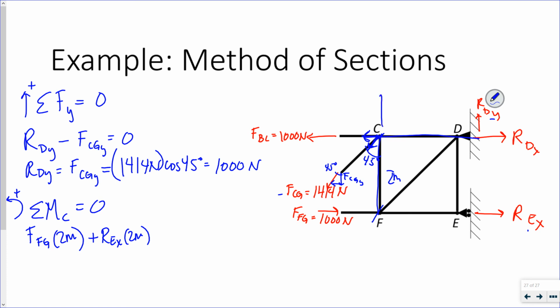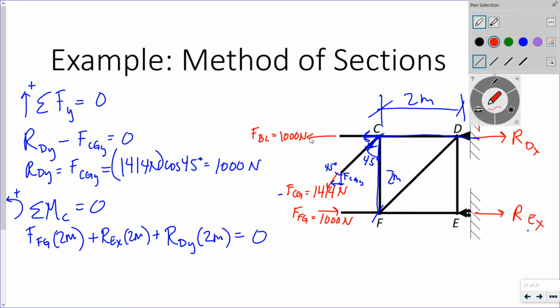And then this distance is 2 meters. So it's also positive because counterclockwise is positive. And I just calculated this is equal to 1,000 newtons. Right, so I know that. Actually, I'll write that in a second.